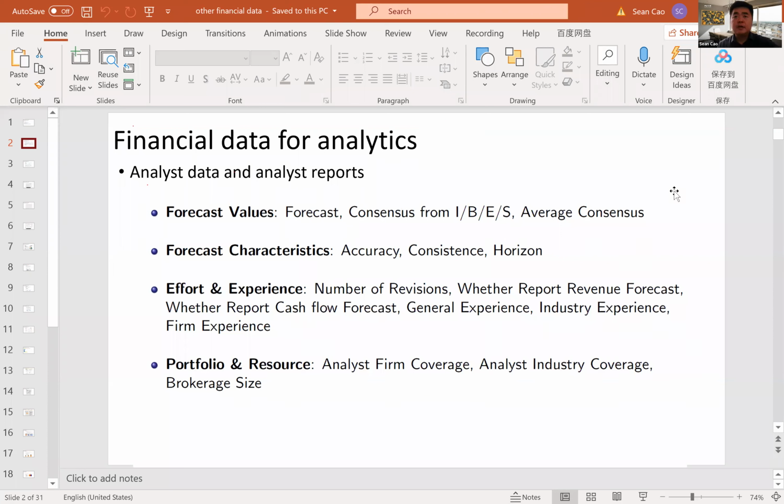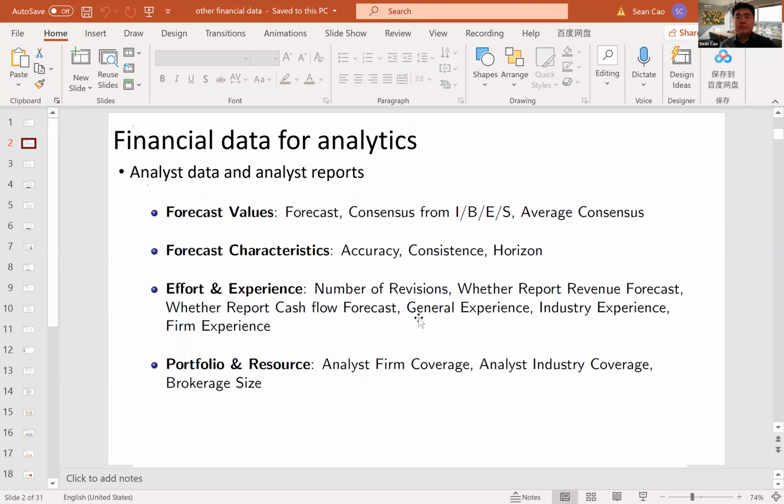And there are other variables, for example, the number of revisions. If I forecast Google, do I revise my forecast frequently? Like today, I believe it is $5. Tomorrow, I think it's $10. How frequently I revise my forecast is the number of revisions. Also, sometimes they forecast sales, sometimes cash flow, and there is how experienced they are.